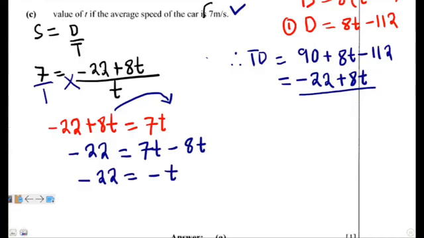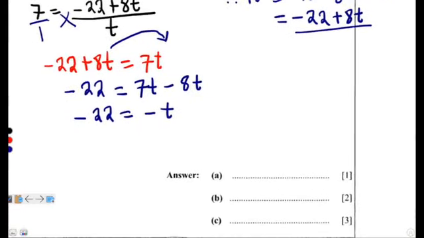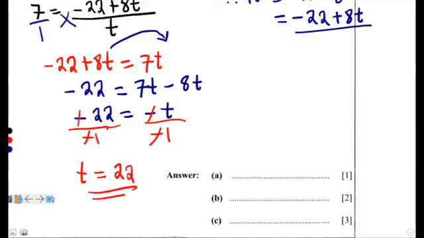Since we want the positive value of t, we can divide both sides by negative 1, so that we get rid of the negative on t. So t is equal to 22.